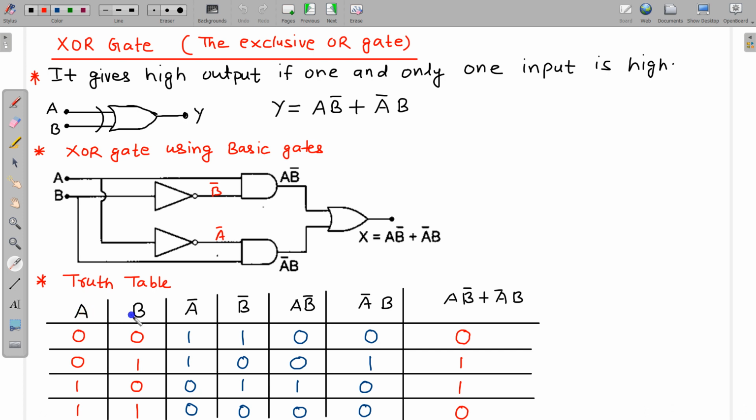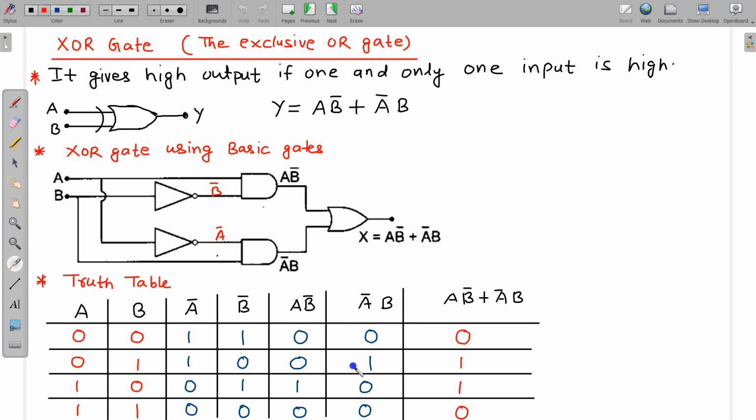First I have written A and B, then A bar and B bar, and then A B bar. For example, A B bar: if A is 0 and B is 1, so AND of A and B bar, obviously this will be 0. Likewise I have calculated A bar B, and for these two columns you can just find the OR operation between these two.